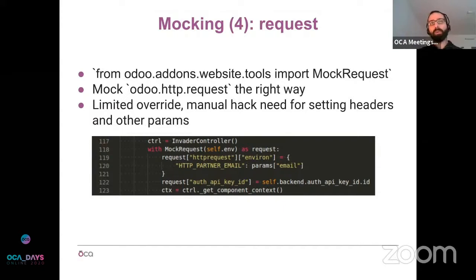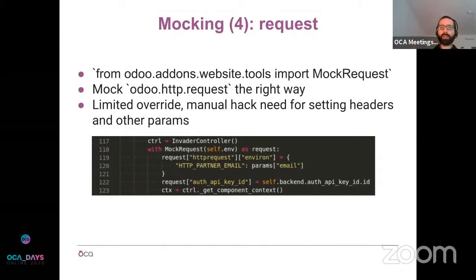In this example, you see that I want to test a controller, and in that case, I didn't want to test at all the full endpoint, the full controller. Remember what I said before? We can test the controllers even without the HttpCase. This is how you do it.